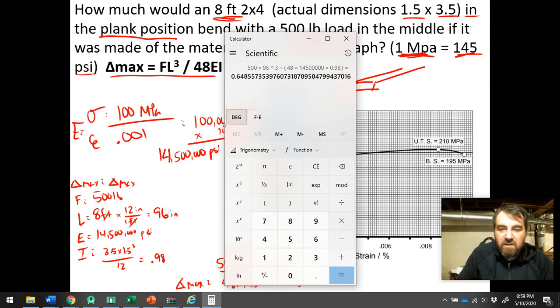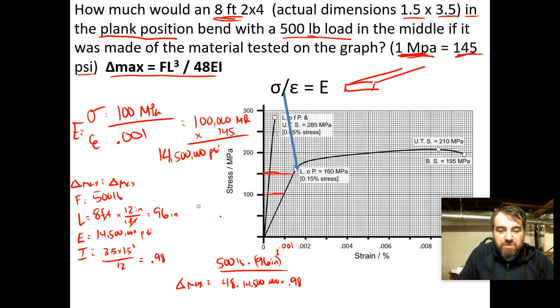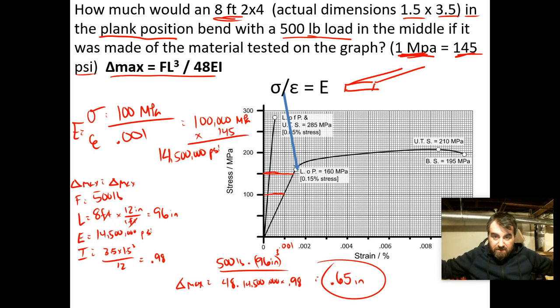We've got about 2 sig figs, so we'll just say 0.65 inches. So this material with 500 pounds in the middle of an 8-foot plank position would bend about how much? 0.65 inches. Okay, I hope this is helpful. I know that it's not ideal, but we'll get through it.